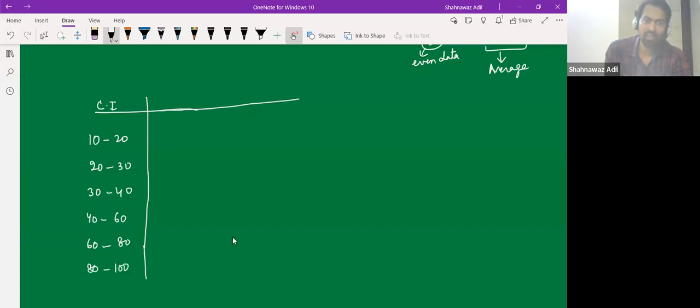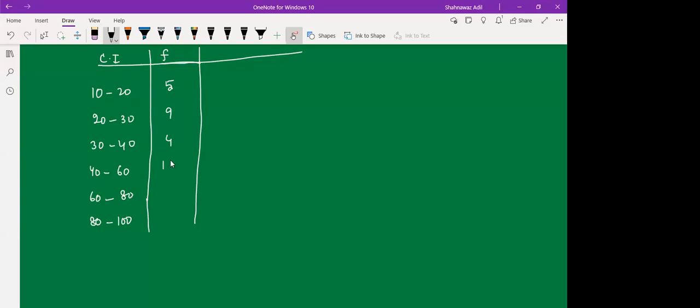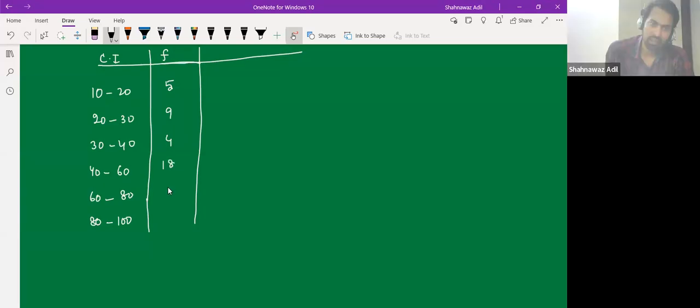And the frequencies of this data are, let's say, 5, 9, 4, 18, 8, and 6. How many data are there?